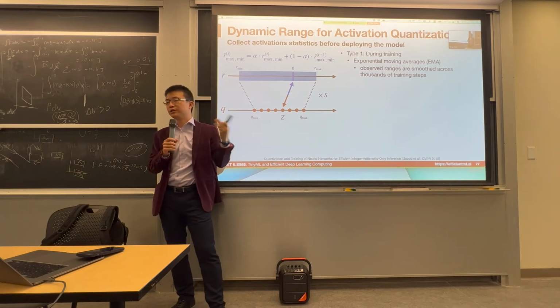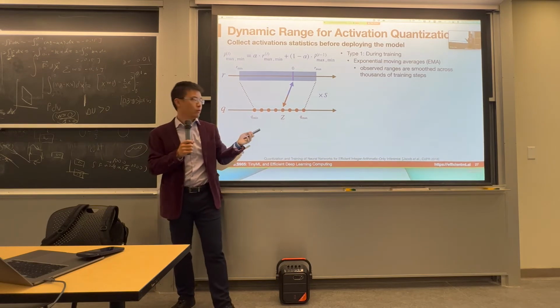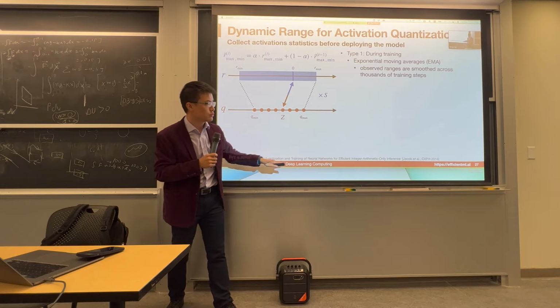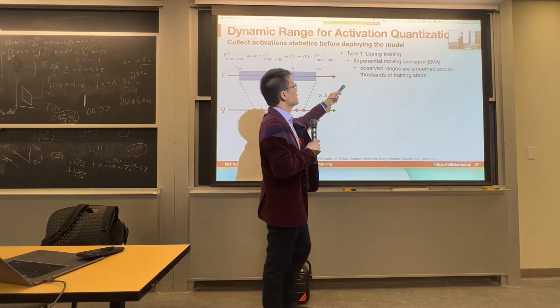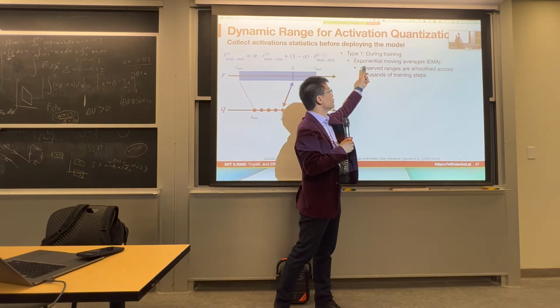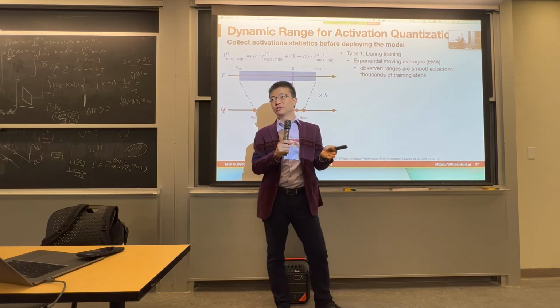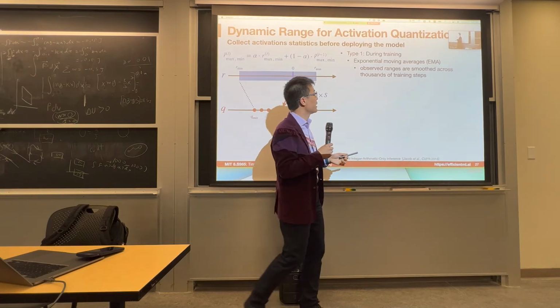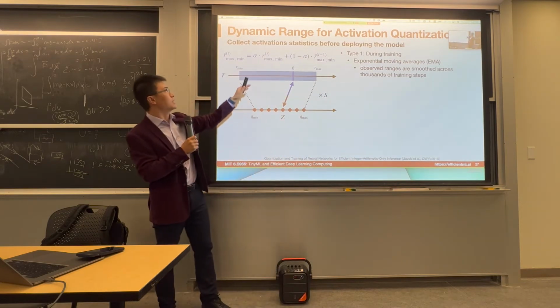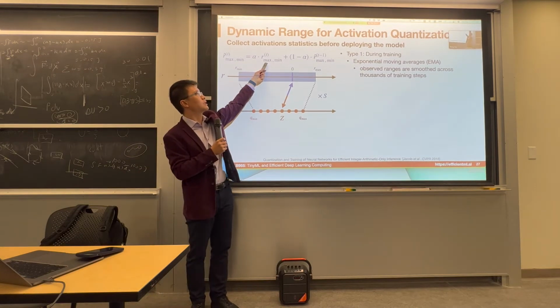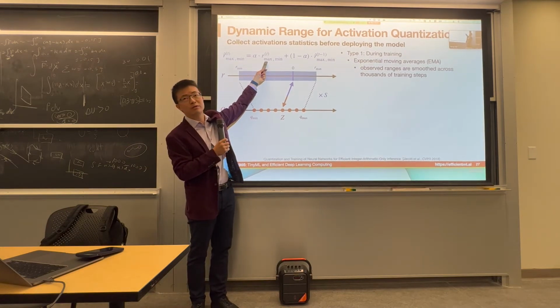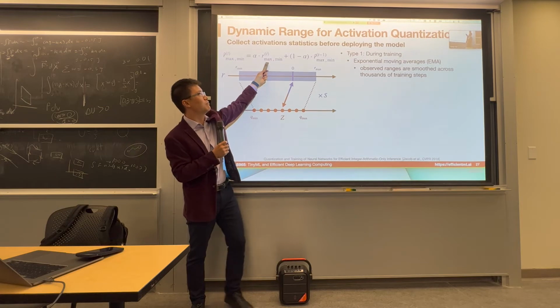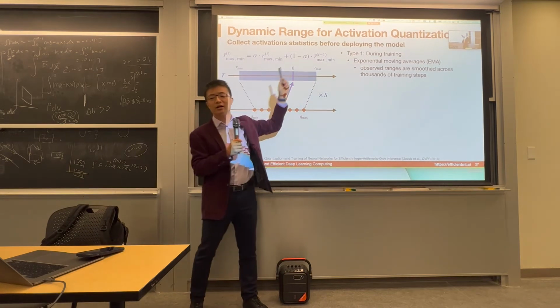So there are different approaches. One approach introduced in this paper in 2018 is actually using the exponential moving average. During training time, you can find the R mean and R max at our current timestamp versus at your previous timestamp.